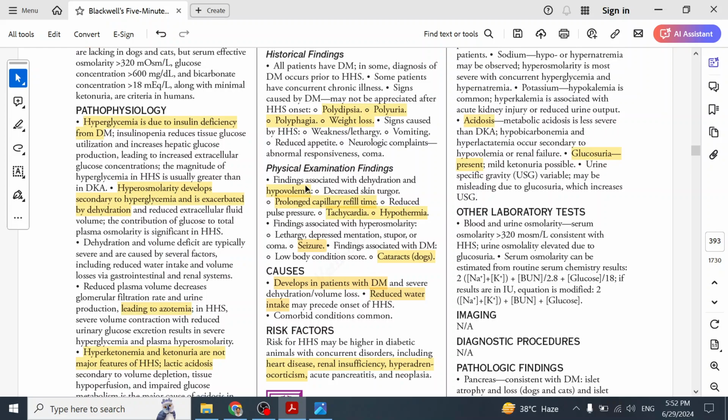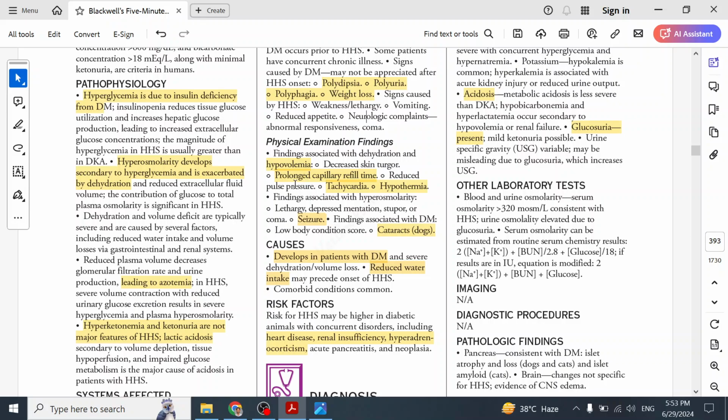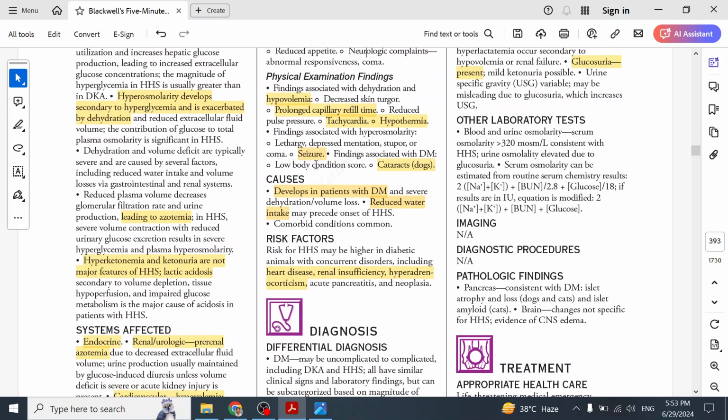Next, on physical findings we find hypovolemia and hypovolemic shock, because there is severe dehydration. Whenever there is dehydration, there is hypovolemia with prolonged CRT, capillary refill time, tachycardia, hypothermia, and also seizures, because we know that exosmosis from the cells leads to seizures.